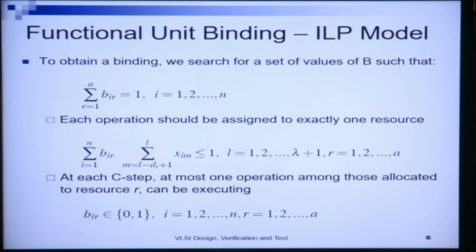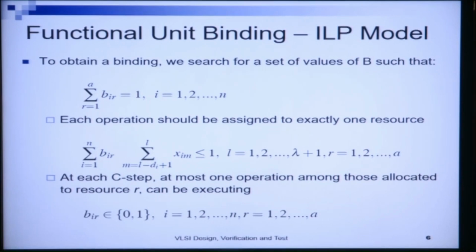at each C step, at most one operation among those allocated to resource r can be executing. So what does this tell me? That for each resource r, we will take one resource at a time, and for that resource we will consider all time steps.